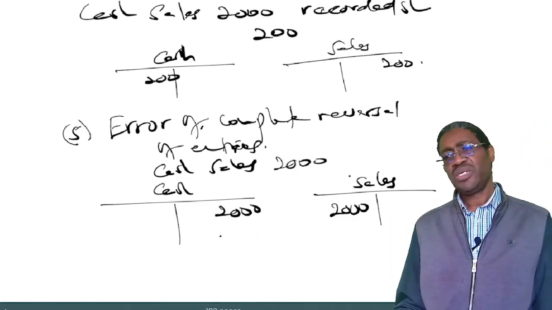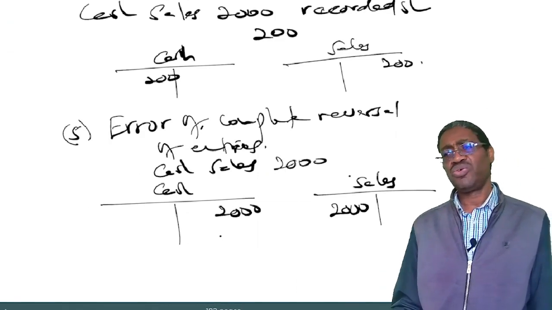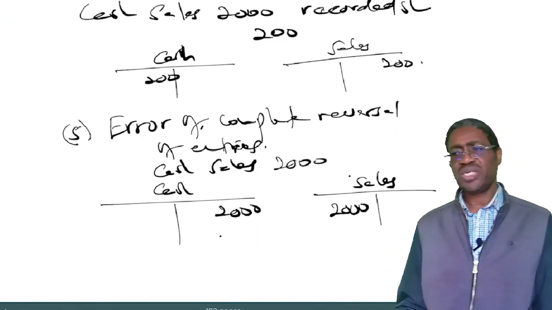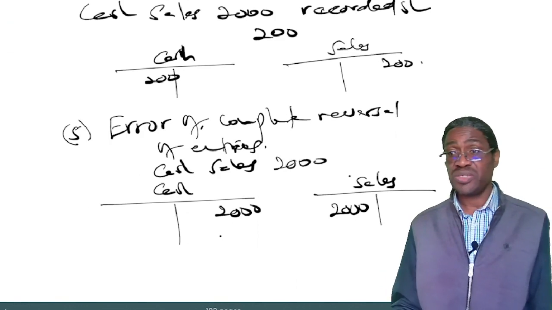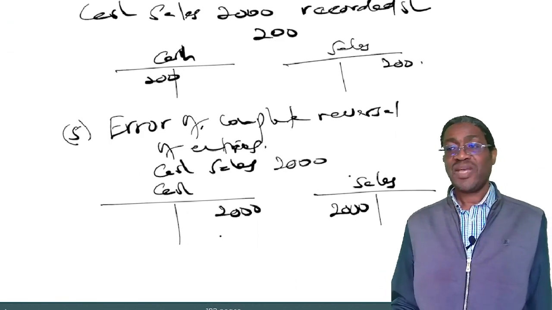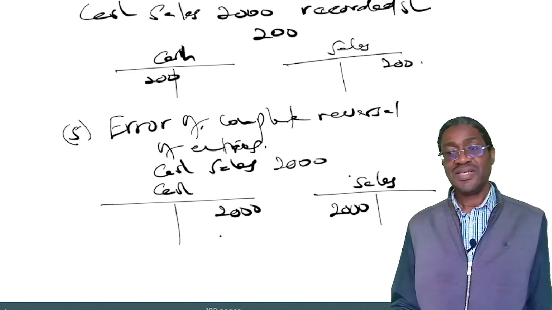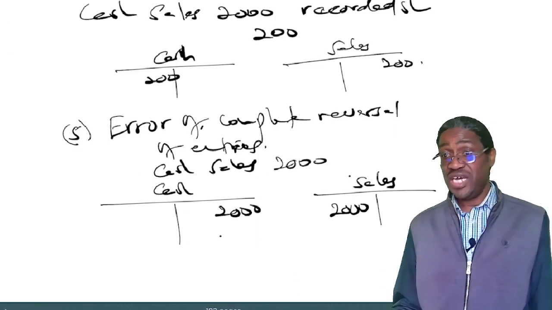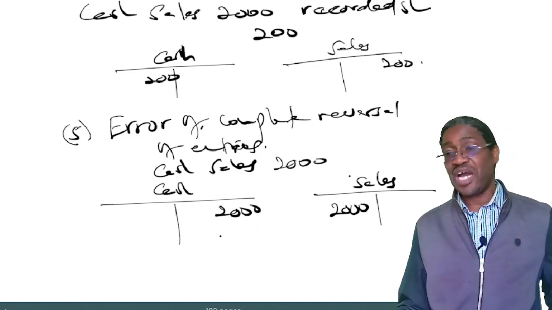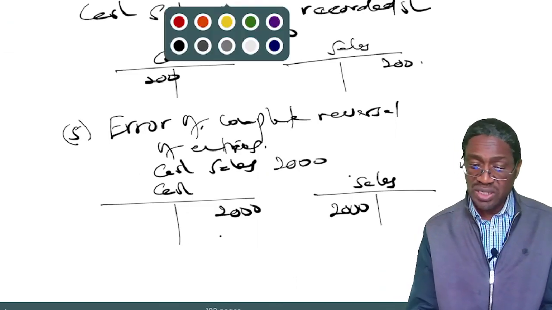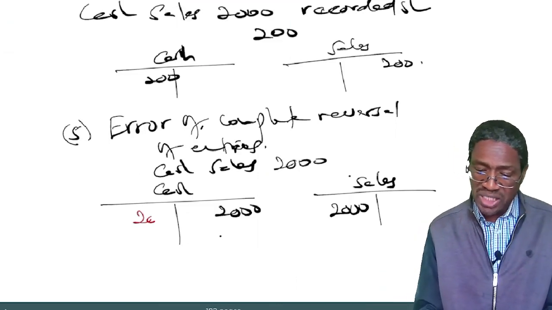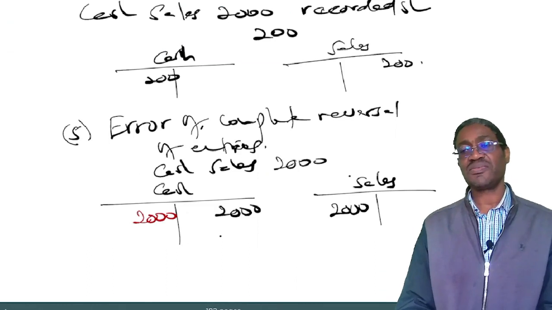And by the way, to correct this error, what do you do? What do you think? If I'm to correct this error, will I come and debit the cash account by 2,000?